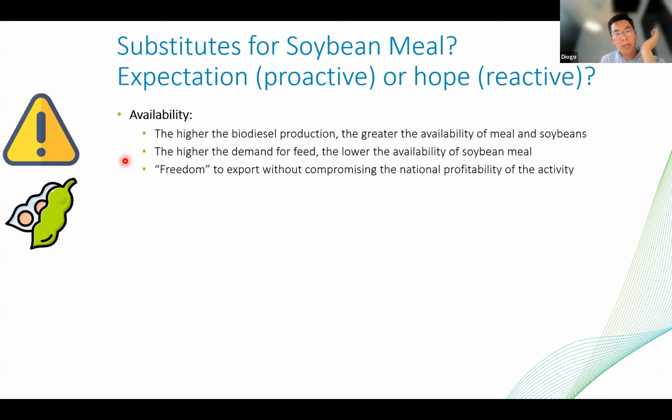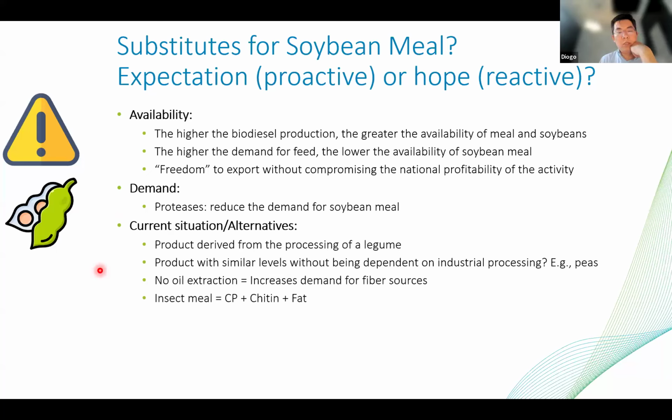But the higher the demand for feed, the lower the availability of soybean meal. In some countries, like Brazil, the market demands freedom to export without compromising the national profitability of the activity. Proteases reduce the demand for soybean meal.